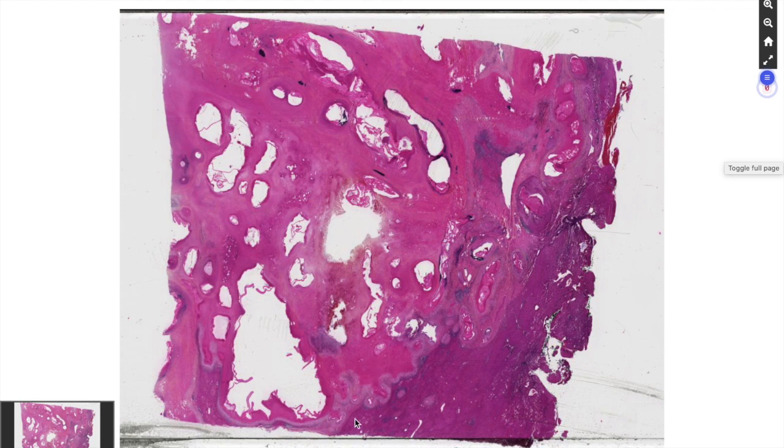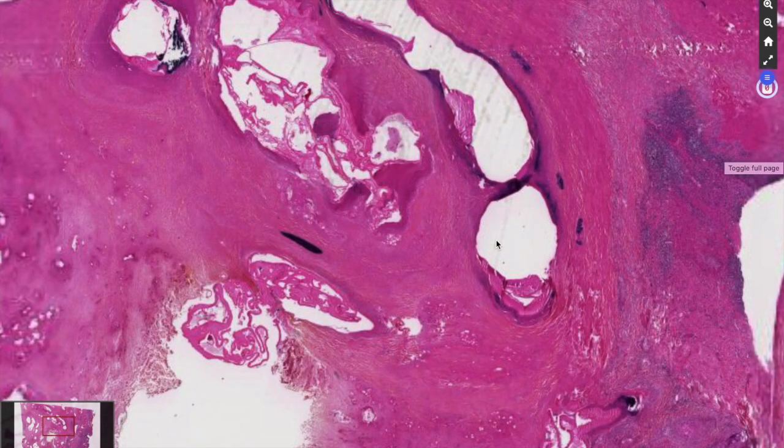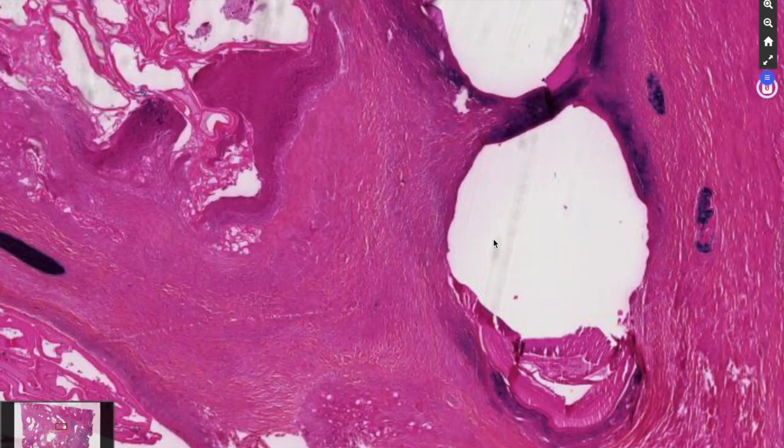You can see that there is no fibrous capsule, and there are several structures here, and here that look eosinophilic and membranous. So we will go at low magnification to see how they look.